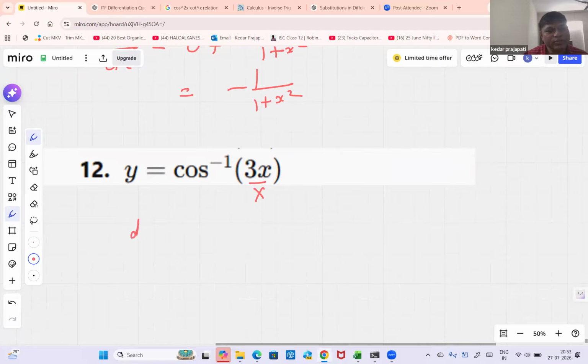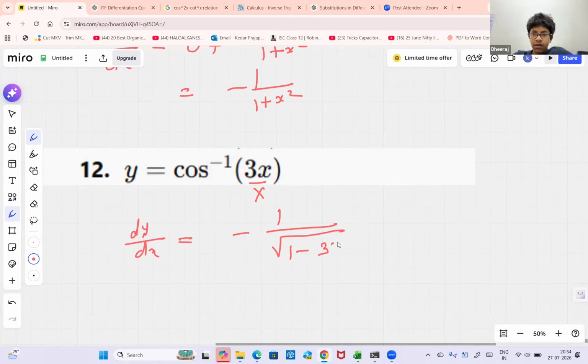And we know dy by dx of cos inverse is how much? This is inverse of sine, correct? I mean, corresponding of sine. So what will we write? 1 minus x square, correct? What is x? 3x. In place of x, we'll be writing 3x, no? 3x, whole square. Then d by dx of 3x.